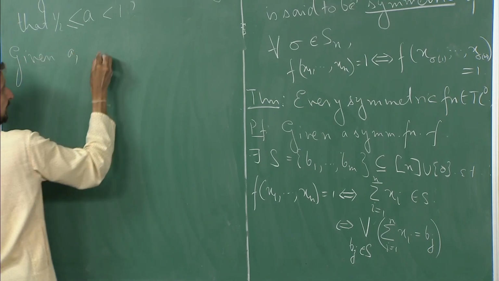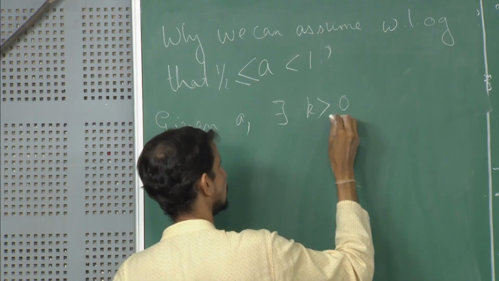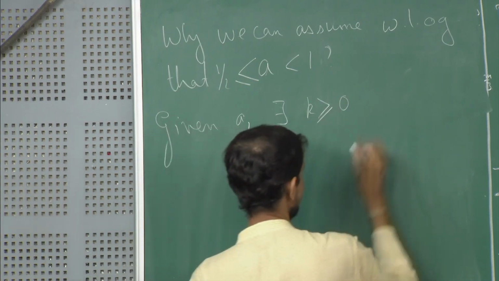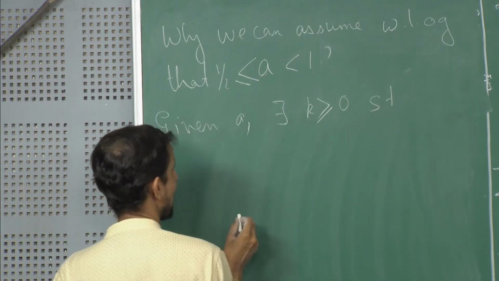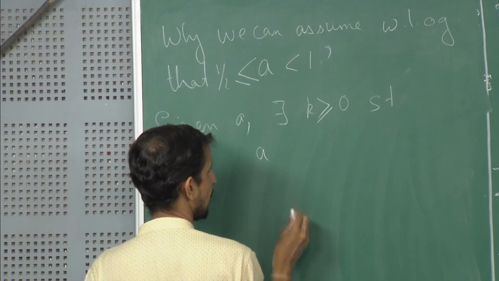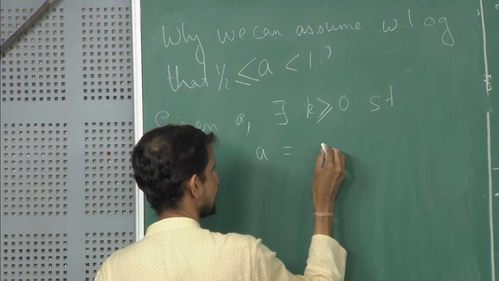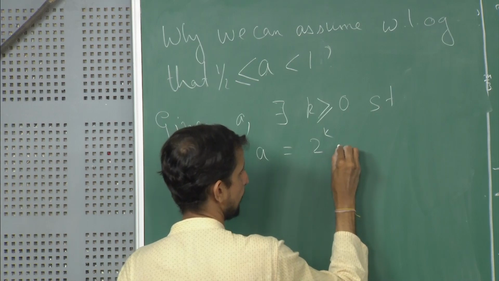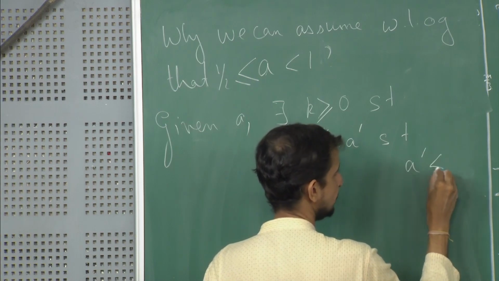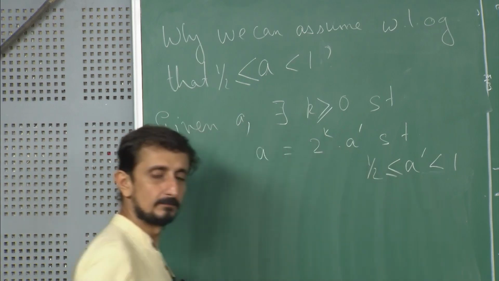Essentially, given a, there exists a number k, greater than or equal to 0, such that a is equal to 2 to the power k times some a prime, such that a prime has this property.